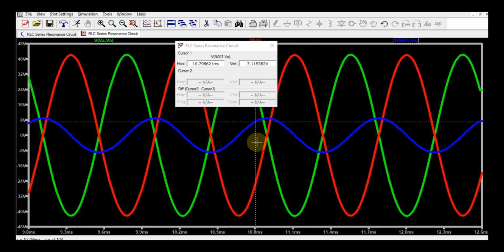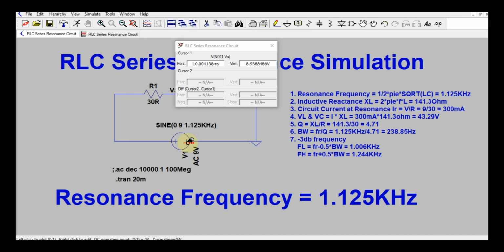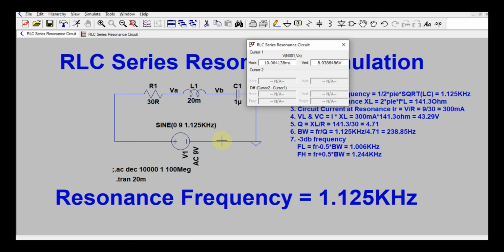Let me show you, don't worry. So it is the voltage across your series resistance. Here you can see 8.9 volt and your supply voltage is 9 volt. That means your resistance R1 drops almost all of your input voltage, right?